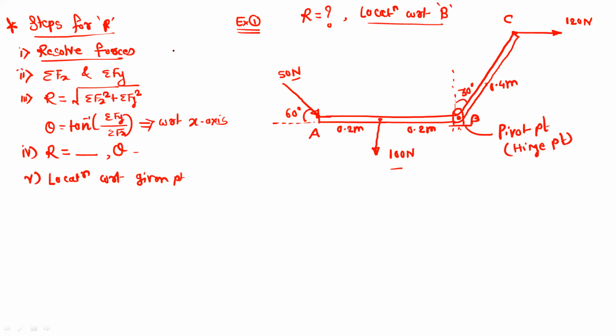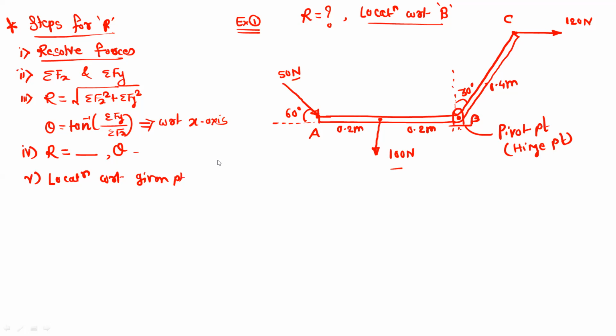So to find out the R, we will follow these steps. First, we will resolve the forces. For the resolution, we only consider the forces acting at some angle with respect to the x-axis or y-axis. If the forces are exactly horizontal or exactly vertical, there is no need to resolve them. Therefore, we will resolve only the 50 Newton force.